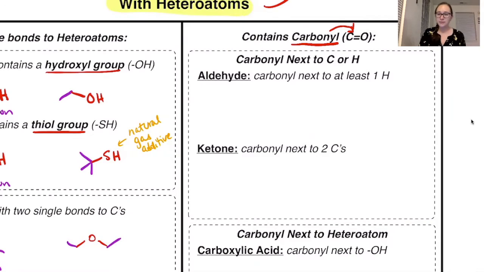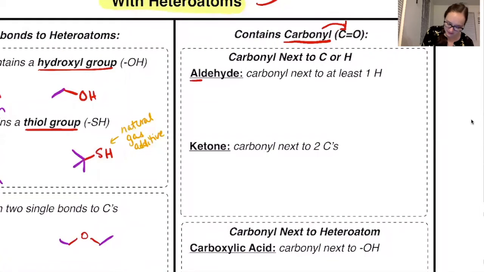So if you have a carbonyl next to a hydrogen or a carbon, those have specific names. The first one we'll talk about is an aldehyde, carbonyl next to at least 1 hydrogen. So we'll write this first. We're going to have our carbonyl, and then on the end, we're going to have at least 1 hydrogen.